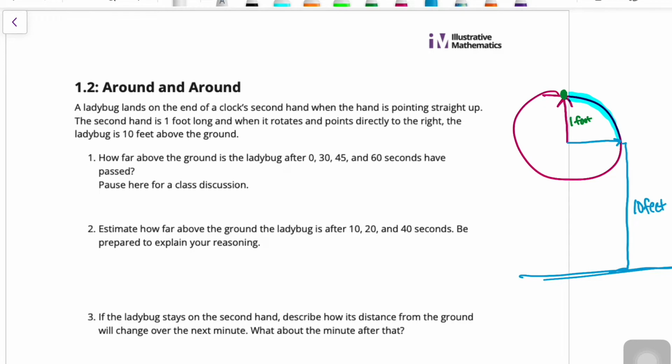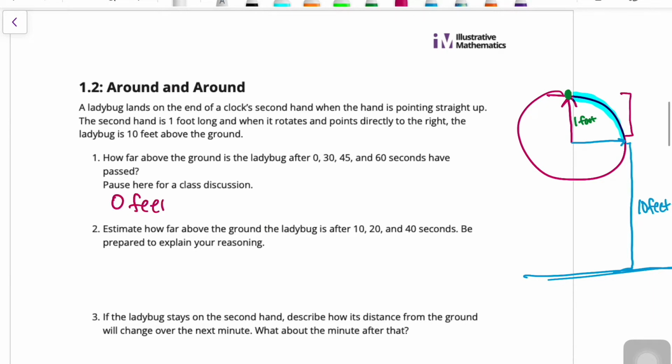All right, so at 0 seconds, you can see that we have 10 feet plus that 1 foot. So 0 seconds is 11 feet. Okay.